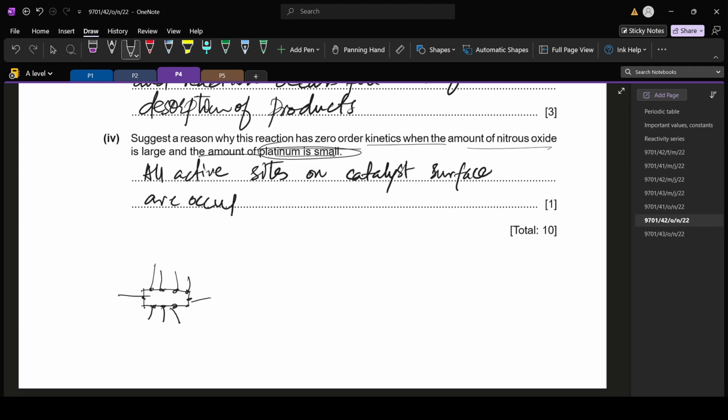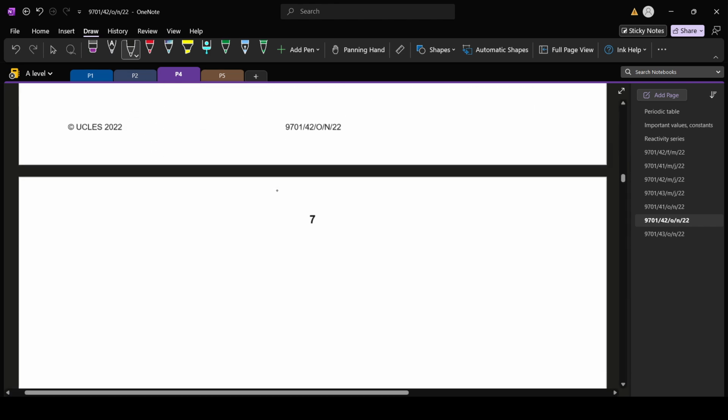That's why this catalyst will not work efficiently.